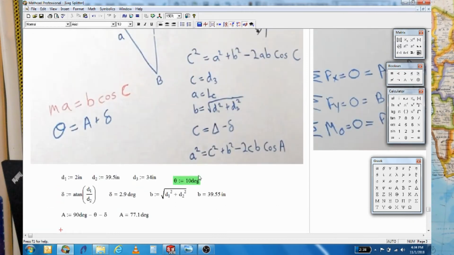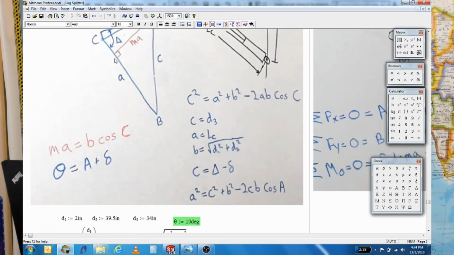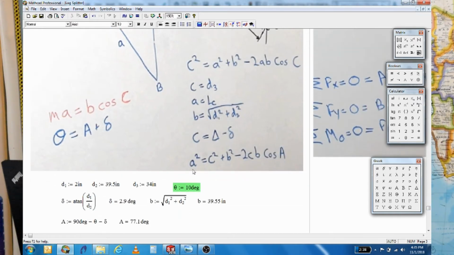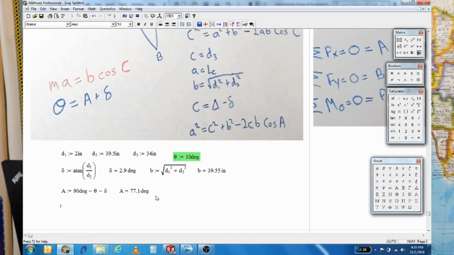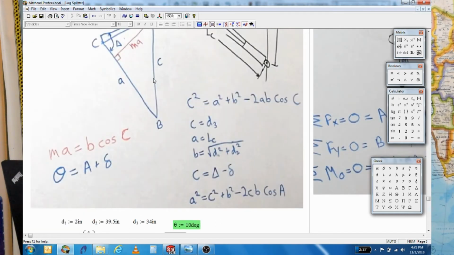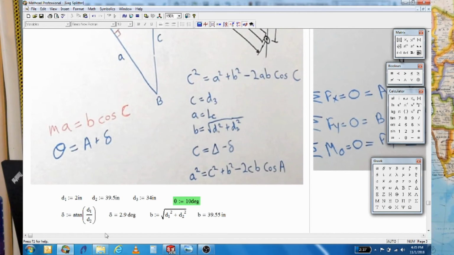The next thing we want to do is calculate the length of this side here, which is A, and it's also equal to the length of the cylinder. So we're just going to bypass the step where it says A and put the length of the cylinder in. And we're going to use this equation here. Since we know A, we know C, and we know B, let's calculate lowercase a. I'm not going to use a solve block since we know everything here. I'm just going to throw everything under a square root sign. So C squared is equal to this vertical dimension, which is d3.